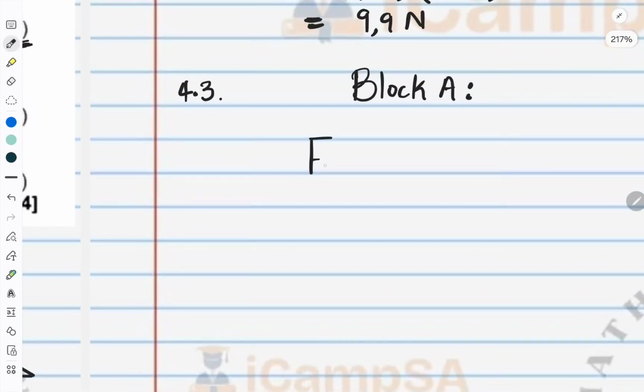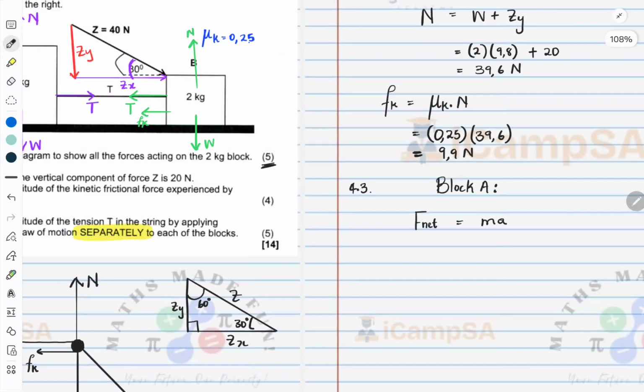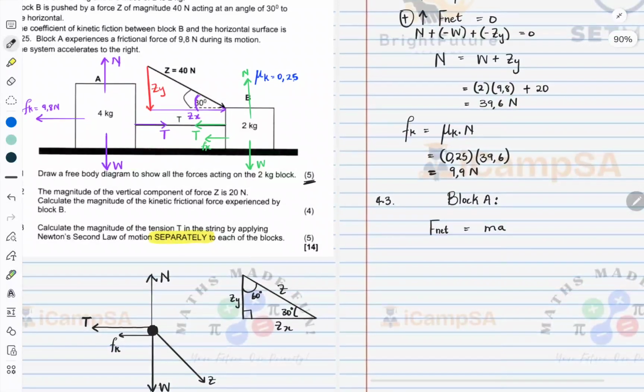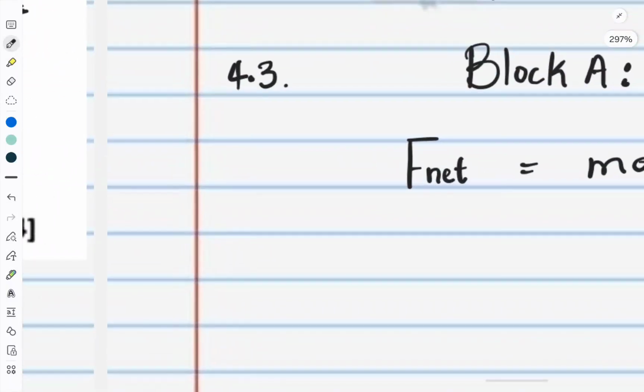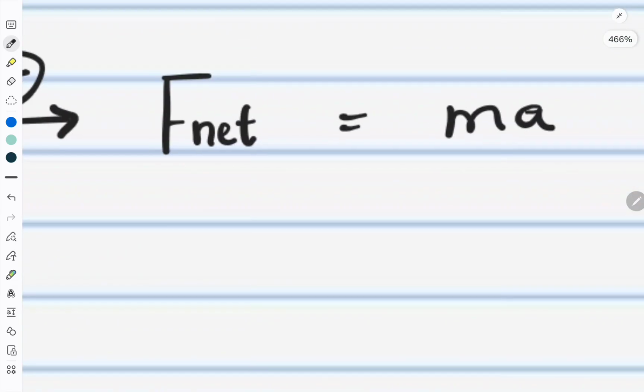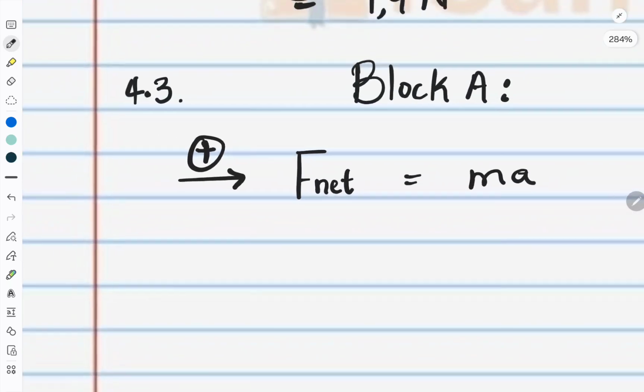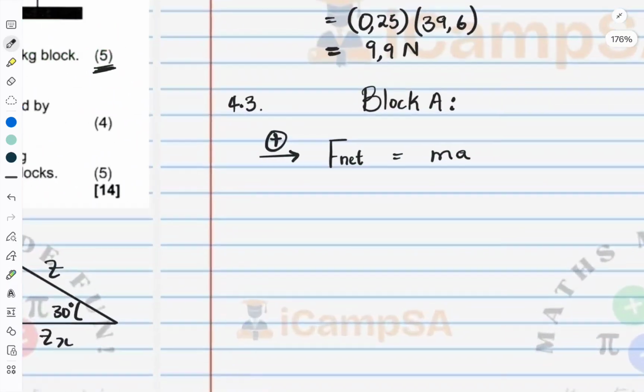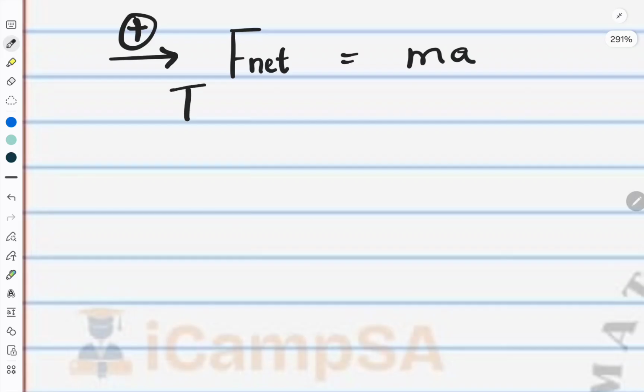And then you say Fnet is equal to ma. Then now you have to choose a direction. I will take my right as positive because the blocks are going to the right. You can write it in words or in symbols. I prefer symbols, they save me time. And then block A has tension, which is positive because it's going to the right, plus it only has friction in the opposite direction. Then we say ma.